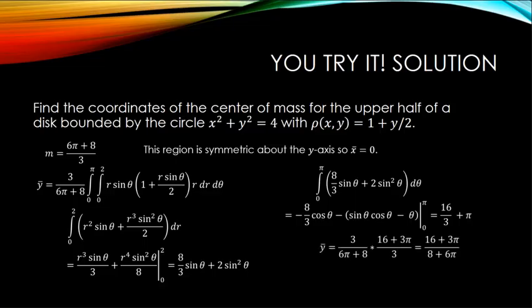Y bar is equal to 3 over 6 pi plus 8 times 16 plus 3 pi over 3. This reduces to 16 plus 3 pi over 8 plus 6 pi. My coordinates for my center of mass, x bar, y bar, is equal to 0 and 16 plus 3 pi over 8 plus 6 pi.